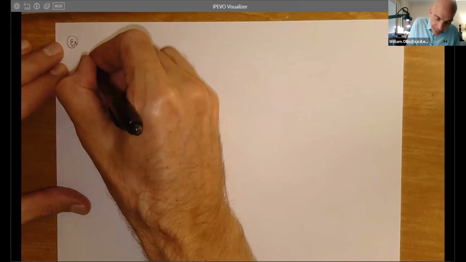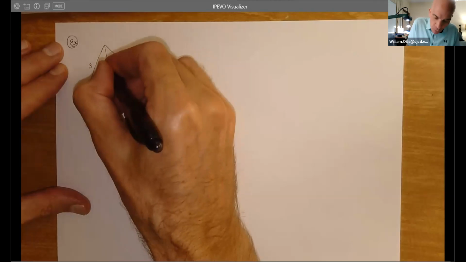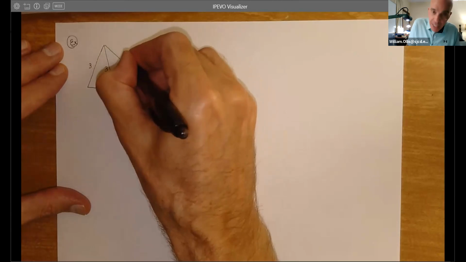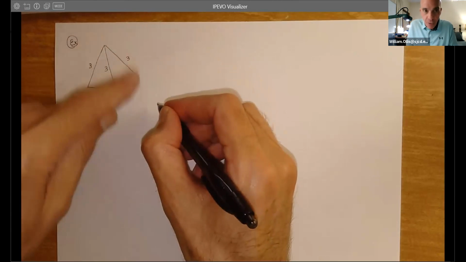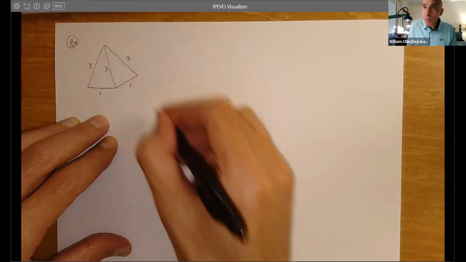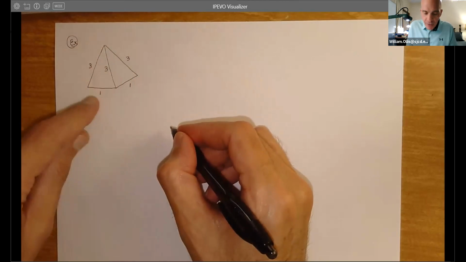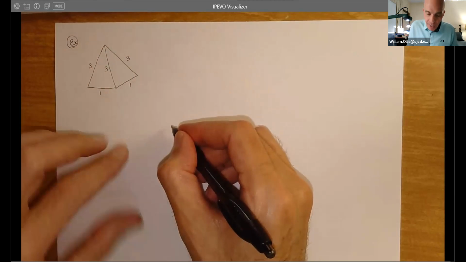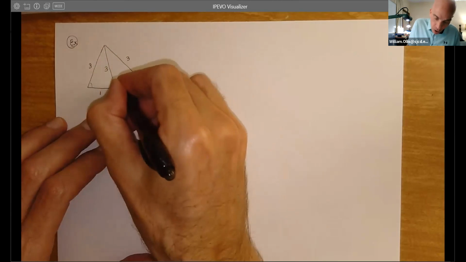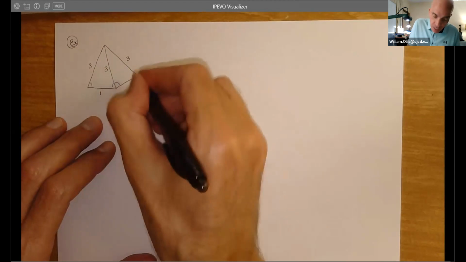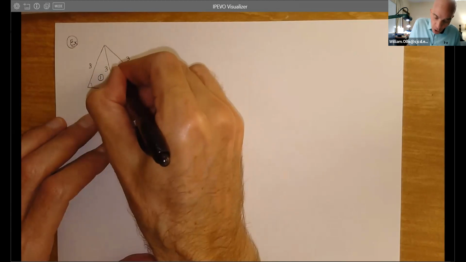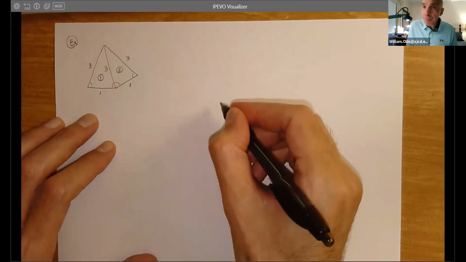So we have a side of length 3, we have this side of length 3, and then we have a side of length 3 here. So this is 3, 3, and 3. And then this measurement is 1, and this measurement is 1. So now when we look at this, we have isosceles triangles. So these angles are all congruent. So you can call this triangle 1, and you can call this triangle 2.